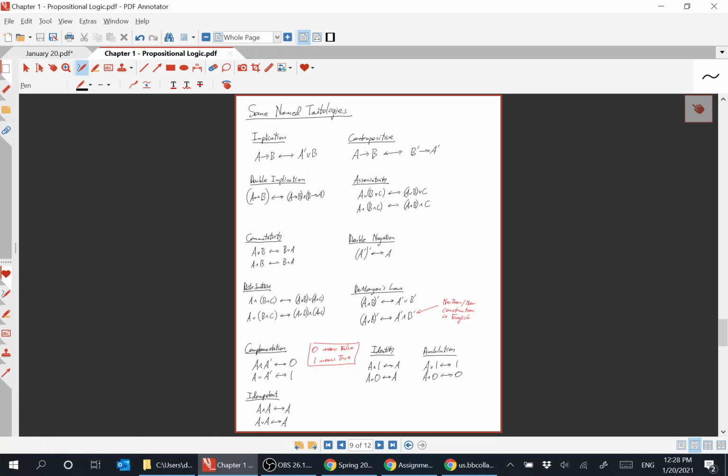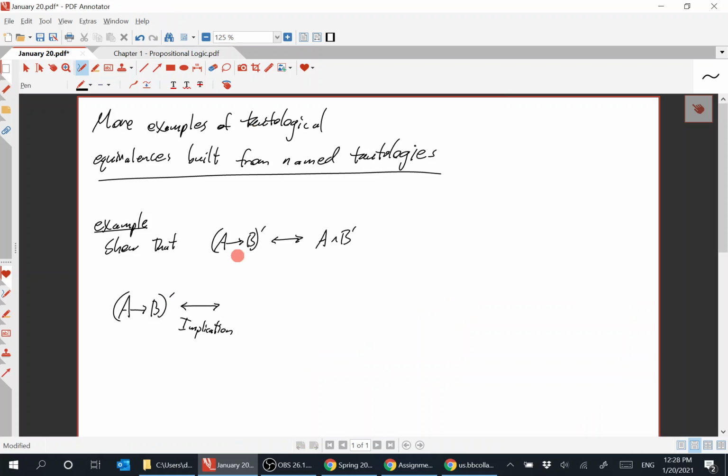A implies B is logically equivalent to A naught or B. So I can replace the A implies B with A naught or B.